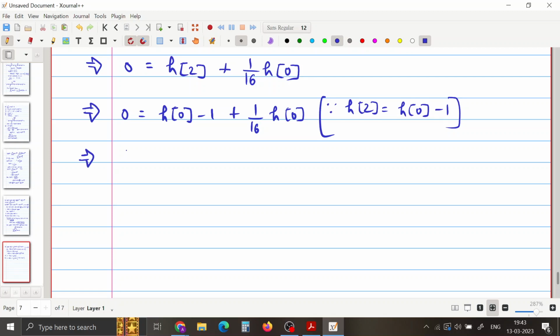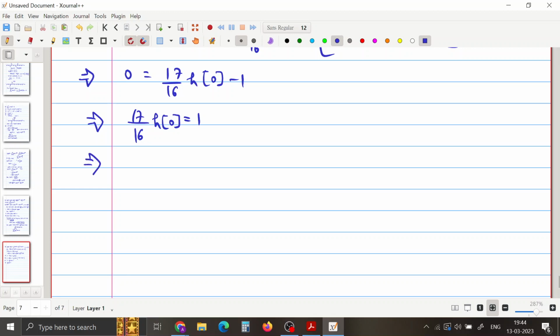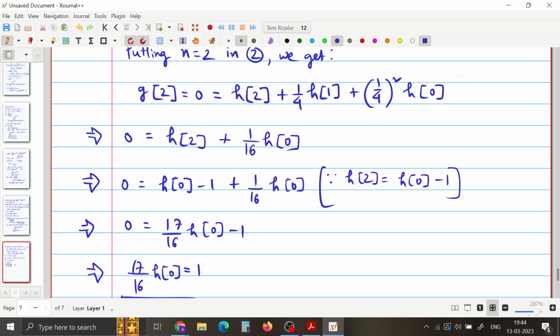So what we get is 16 by 17 h of 0. Correct. So we got h of 0 as 16 by 17, and now we can easily get h of 2, because h of 2 is h of 0 minus 1.